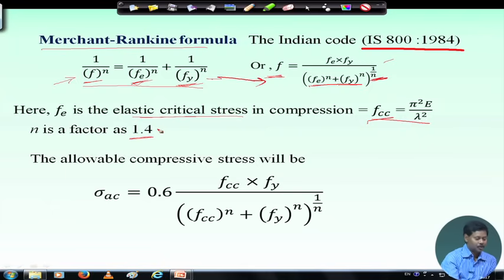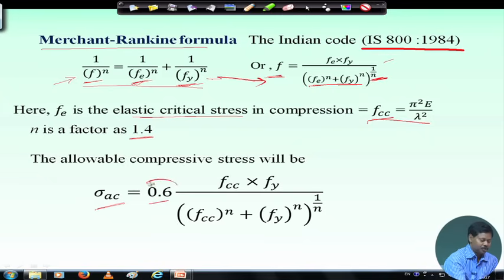So, considering this, the allowable compressive stress in the IS code was proposed like this, that is 0.6 into f_cc into f_y by f_cc to the power n plus f_y to the power n, whole to the power 1 by n.